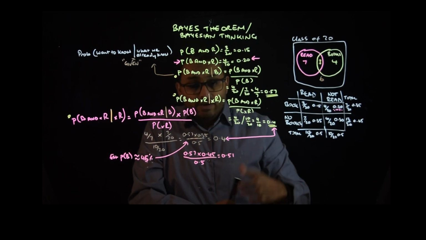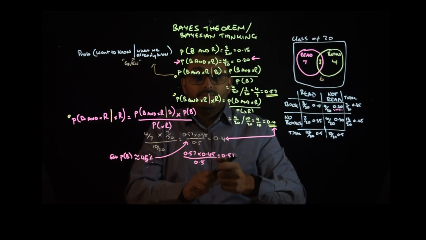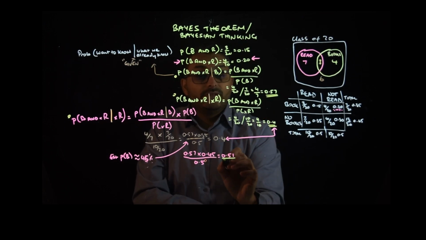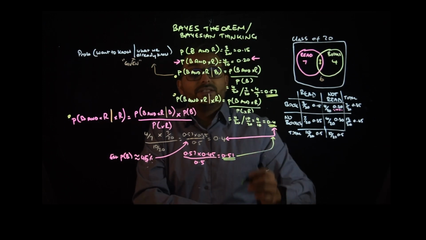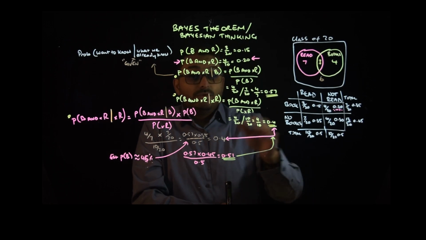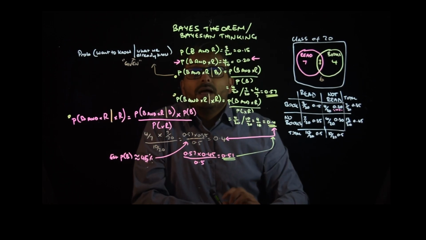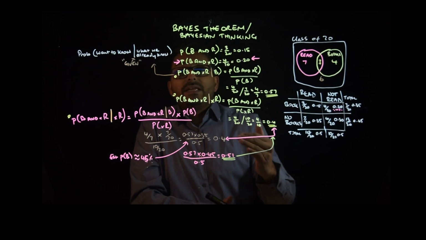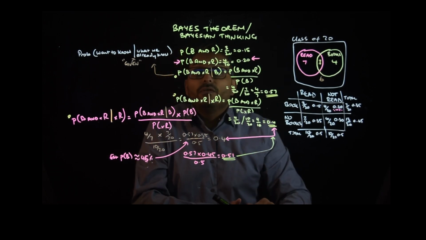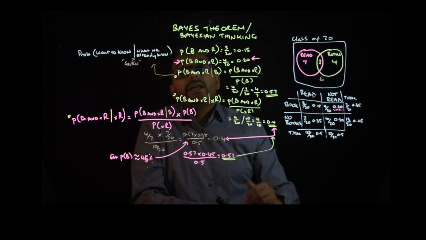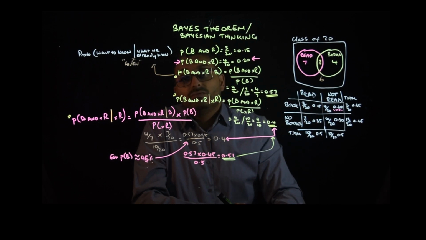And so here, the answer has risen compared to the original answer. And that's because we estimated the probability of students owning a book, irrespective of whether they read or do not read.